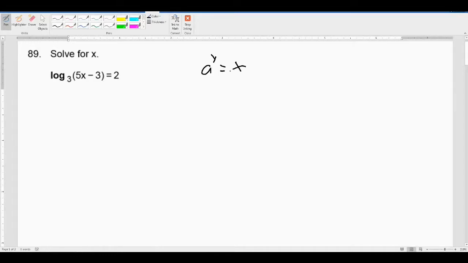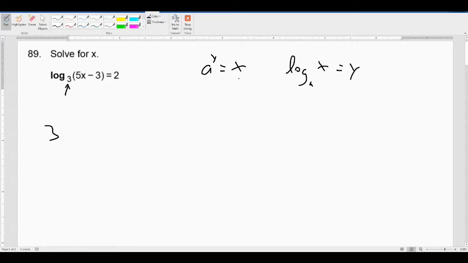Now exponential form, by definition, says this. Logs are exponents. And the base is the same for both. The base of the log is the same as the base of the exponent. So 3 is the base, so start there. Start with the base.